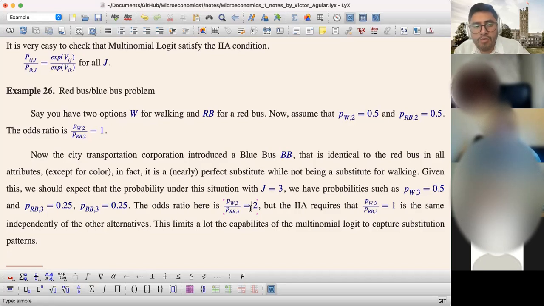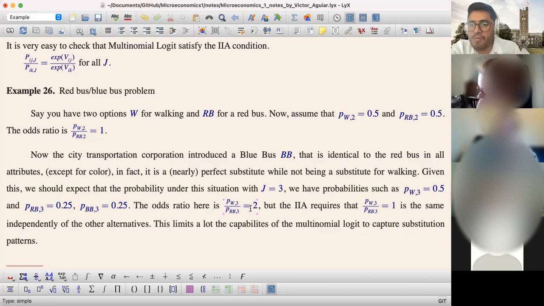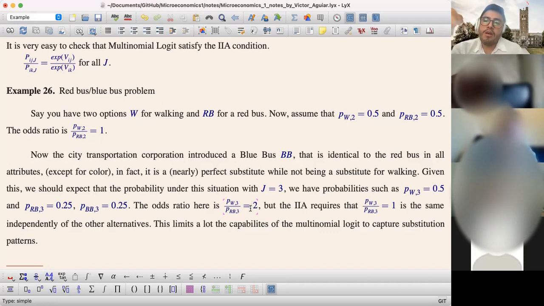If I just follow common sense, and I think that red bus and blue bus are duplicates, then people should be indifferent between the two of them. So the natural prediction in this case is that people randomize, flipping a coin between red bus and blue bus. So they will be 25%, 25%. If I do that and walking is left alone, IIA is violated.